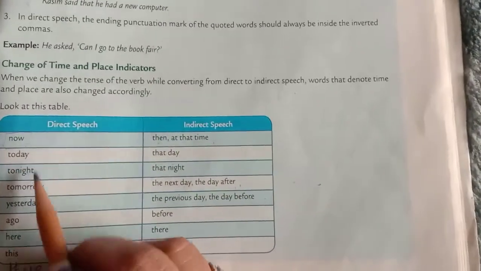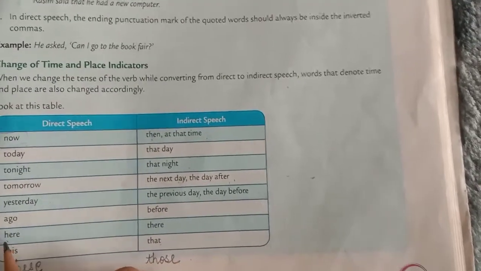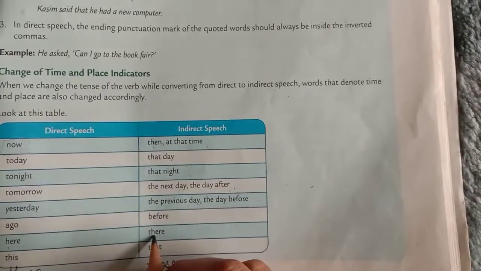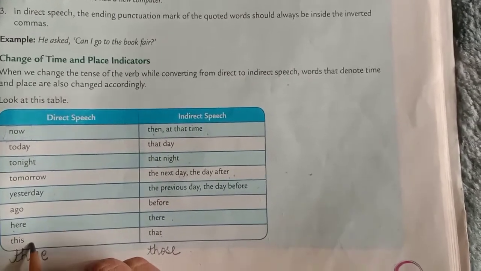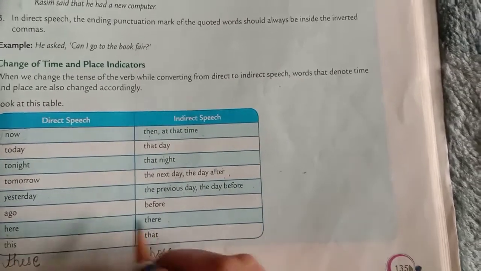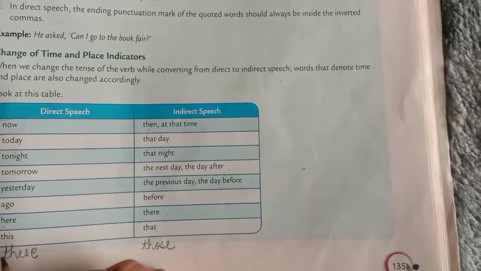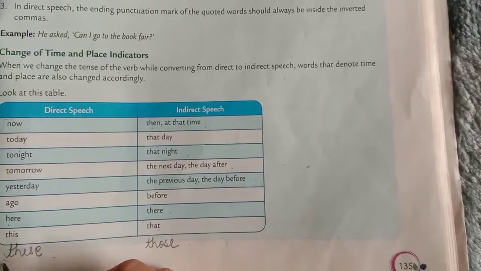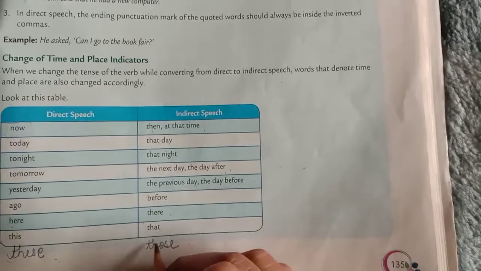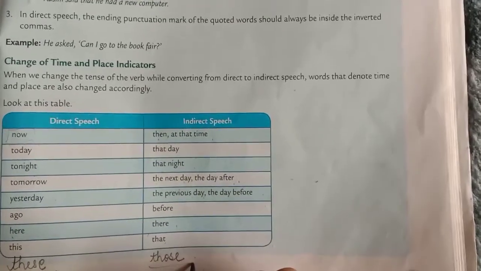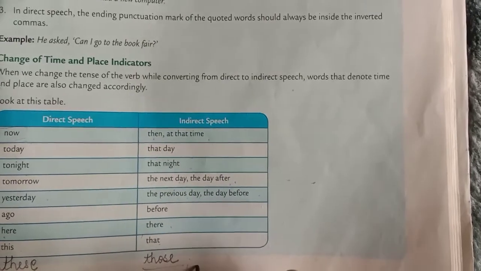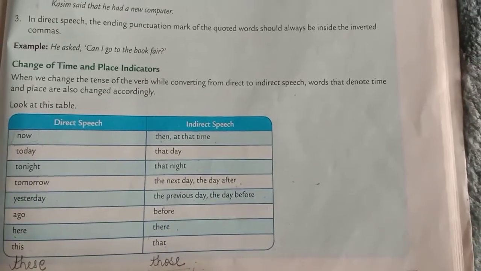Just like time, if we are talking about place, like here, it will be changed to there. If you're talking about a thing, like this is my house, it becomes that is my house. If it is these, like these shoes are mine, when you're changing it into indirect, these will be changed to those. Those shoes were mine. Okay?